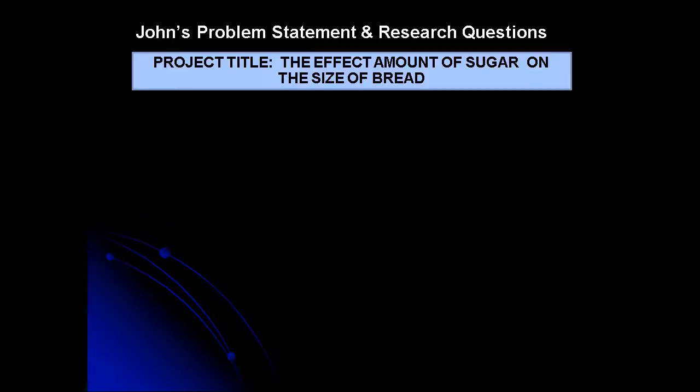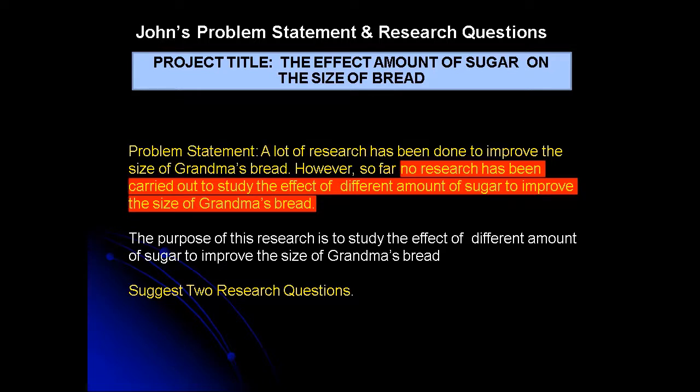So, if I were to ask you, what do you think is John's problem statement? I think we have seen that one. Problem statement: a lot of research has been done to improve the size of grandma's bread. However, so far, no research has been carried out to study the effect of different amounts of sugar to improve the size of grandma's bread. In fact, not only different amounts of sugar, but different amounts of fine white sugar. So, what is his purpose?